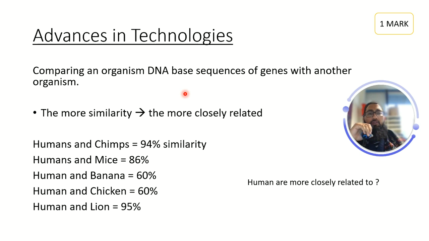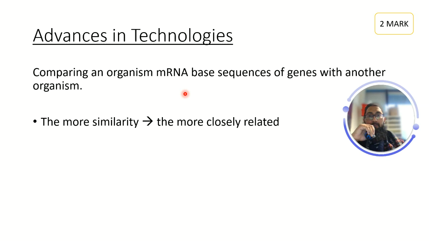Let's talk about that first one, the insulin gene, right? Let's say you can't get access to the DNA base sequence. What can we do then? What else can we get? Bingo, mRNA. The insulin gene will go through transcription, then translation, to make the insulin protein. Let's get the mRNA sequence.